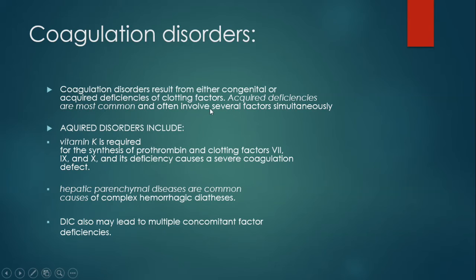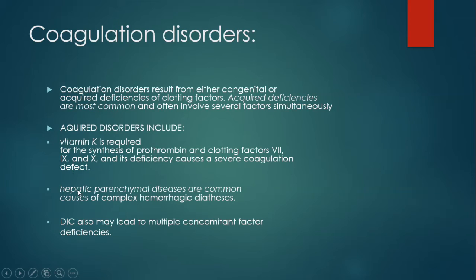We will discuss acquired disorders, which include vitamin K deficiency. Vitamin K is required for the activation of clotting factors 2, 7, 9, and 10. Its deficiency can cause severe coagulation defects. Hepatic parenchymal disease is a common cause of complex hemorrhagic diathesis.